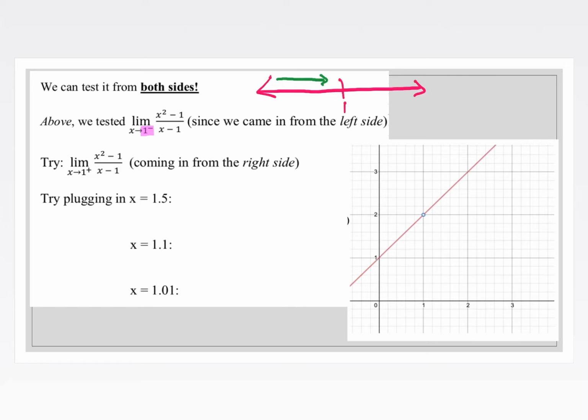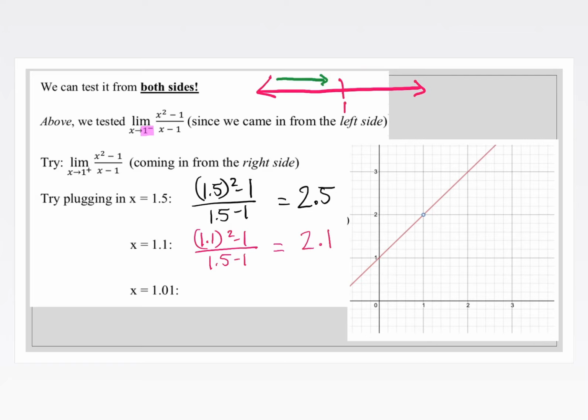If we plug in 1.5 here, we have 1.5 squared minus 1 over 1.5 minus 1. This gives us 2.5. If we plug in 1.1, we get 1.1 squared minus 1 over 1.1 minus 1, and that gives us 2.1.